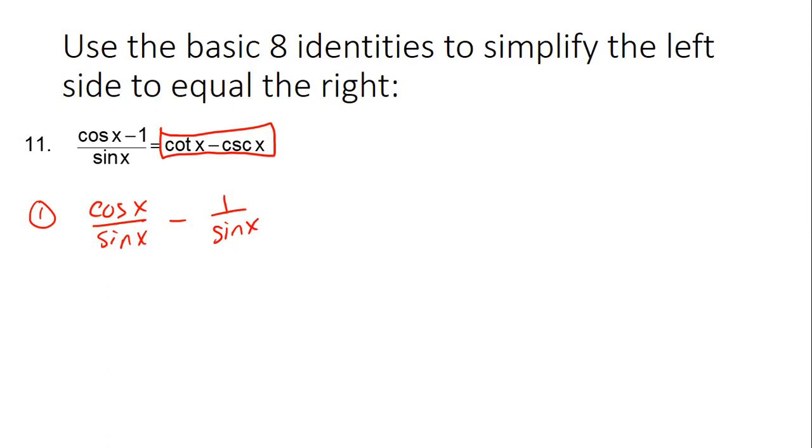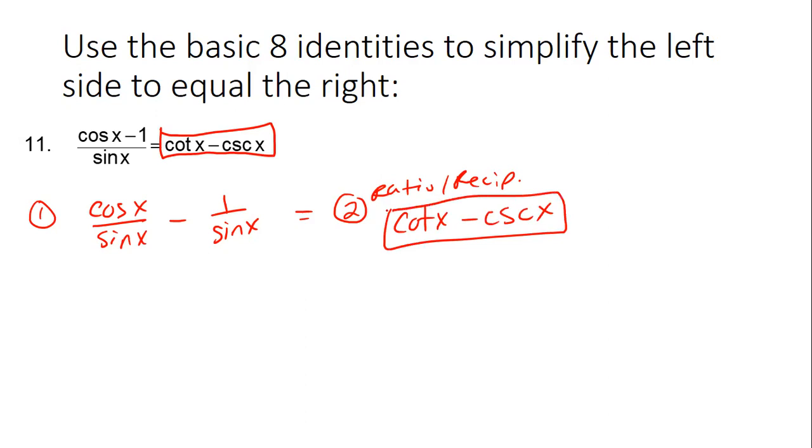As long as I'm not adding or subtracting in my denominator, that allows me to split my numerator. And then I can use ratio and reciprocal. Ratio tells me that cosine over sine is cotangent, and the reciprocal of 1 over sine is cosecant. Knowing that little rule that I can separate makes it way easier to comprehend what to do.